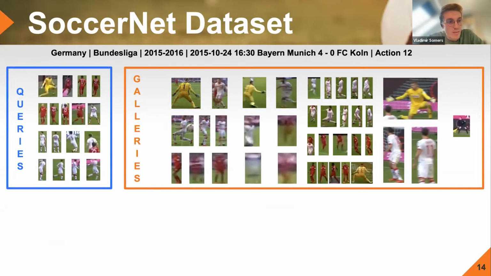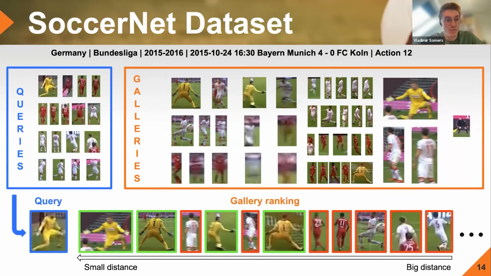So once we obtain the query and gallery split for a given action, your model will be evaluated on its ability to perform a good query to gallery ranking for each of the queries. So here is an example of a ranking computed for the first query, so the goalkeeper in yellow.